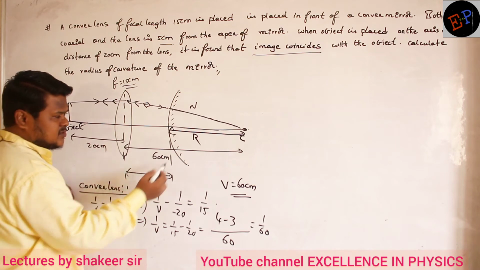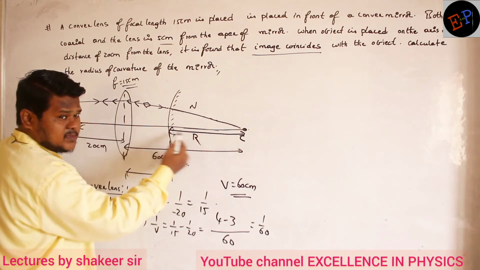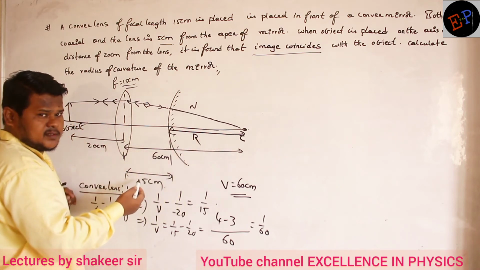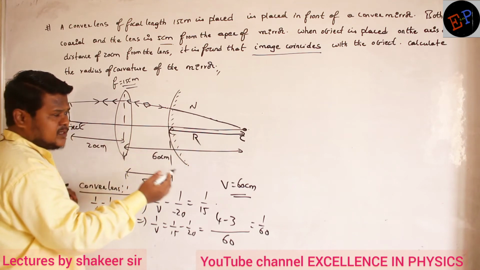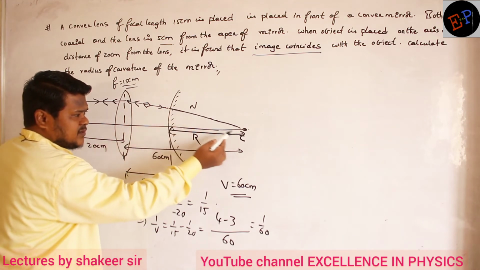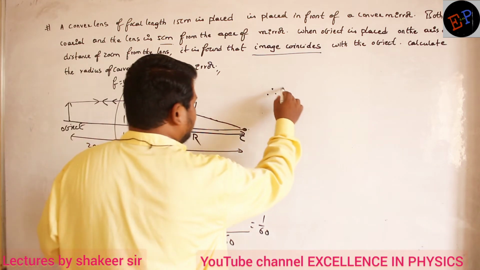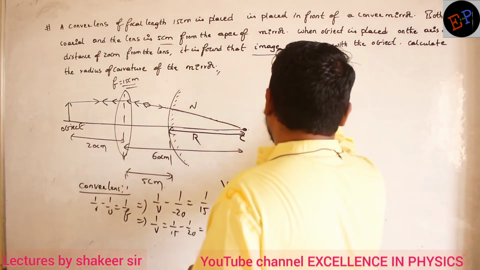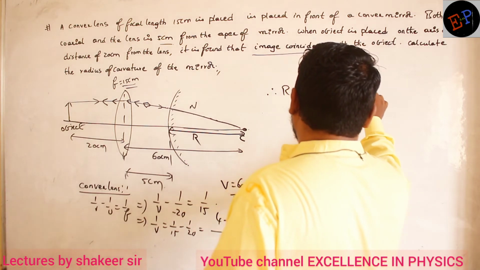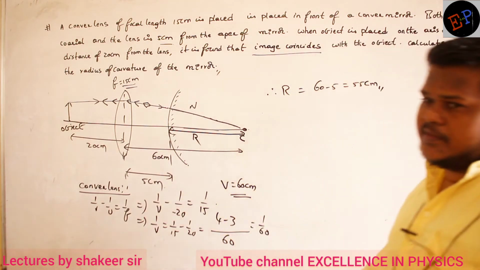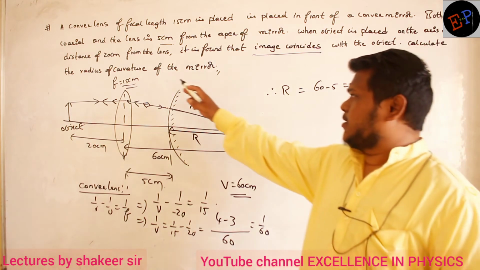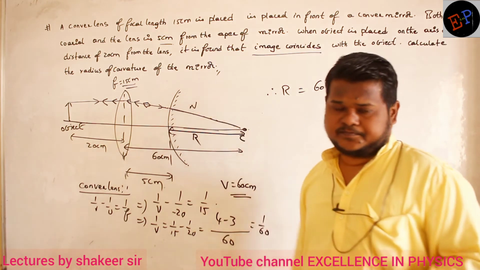So what is the remaining distance? 60 minus 5, 55. That 55 is nothing but the radius of curvature of this mirror. So the radius of curvature of the mirror is 60 minus 5, which is 55 centimeters. That is my answer. That's what he is asking, the radius of curvature of the mirror.